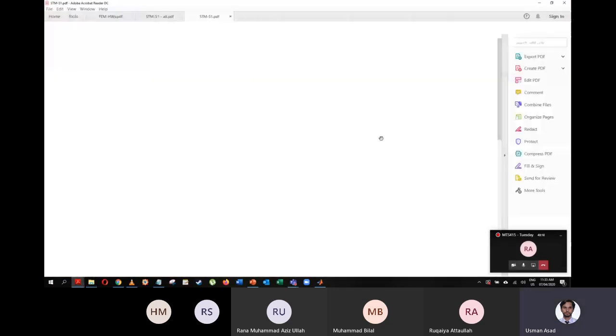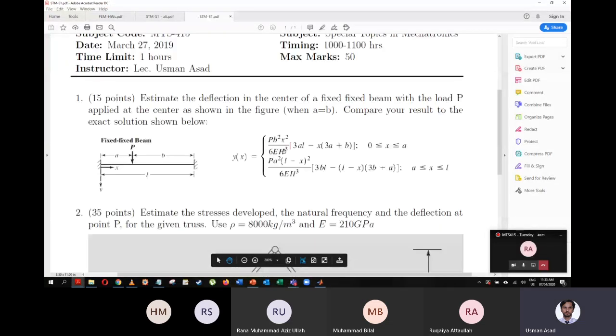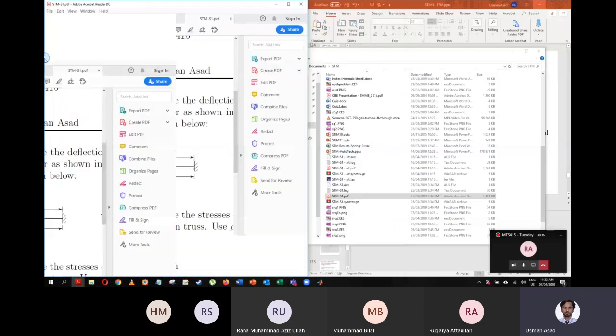Just open it up again. This question, right? So you can see this solution to the deflection of a cantilever beam. This is actually the solution of this fourth order differential equation.